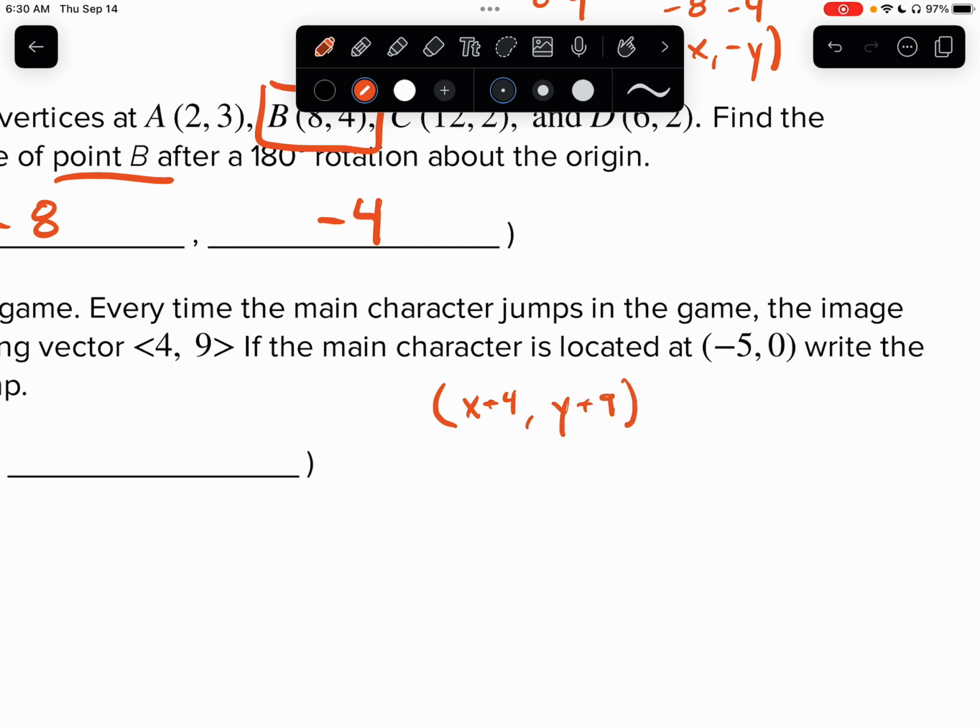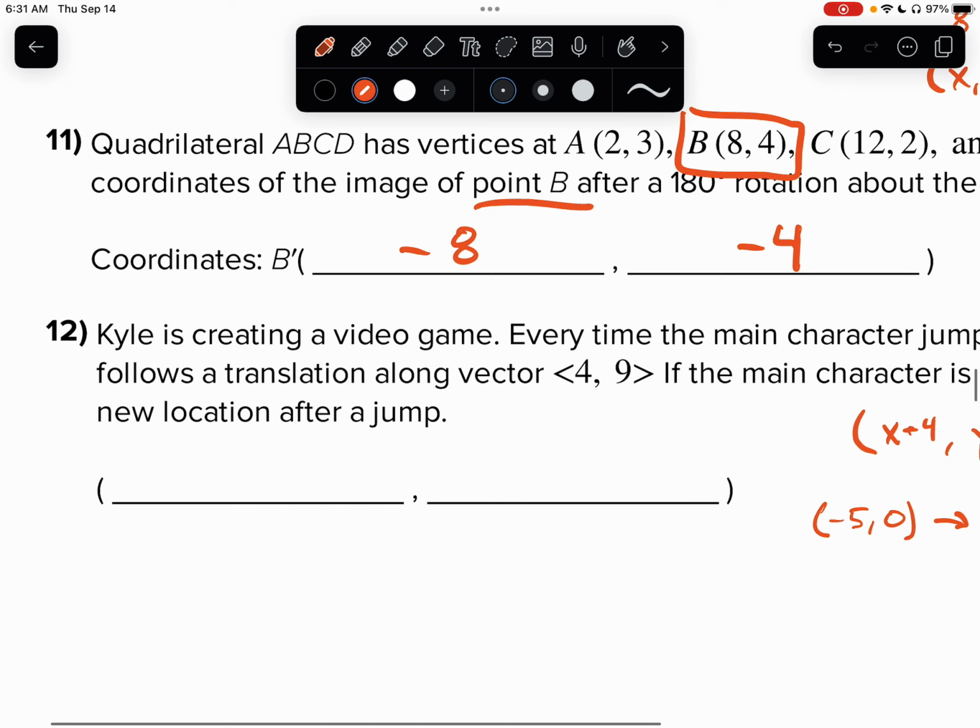Taking (-5, 0), add 4 to the x value: -5 plus 4 is -1. 0 plus 9 is 9. So that's our answer here: (-1, 9).